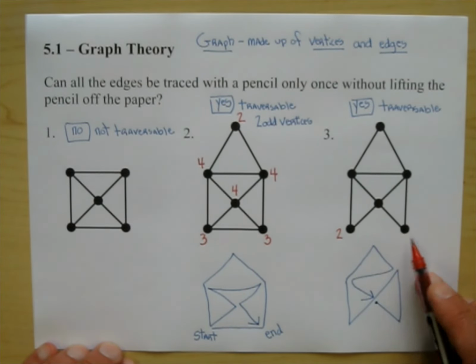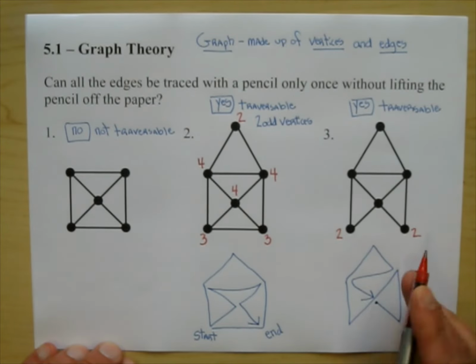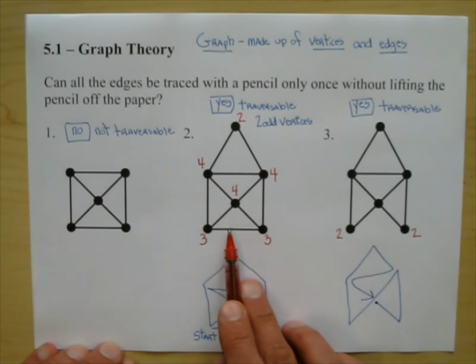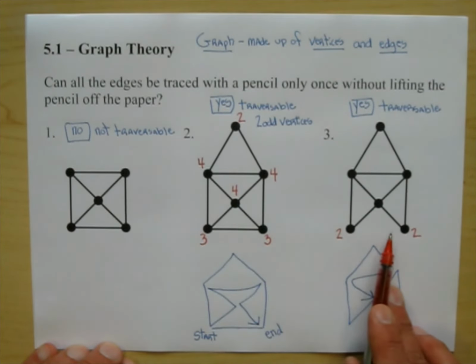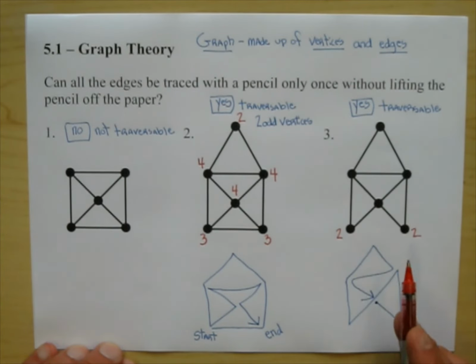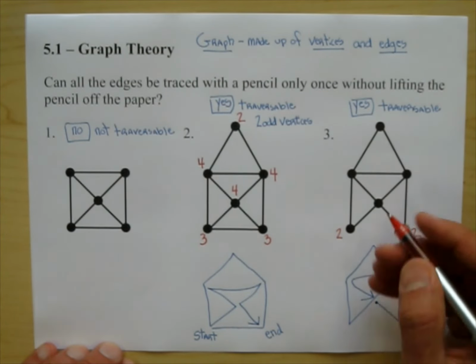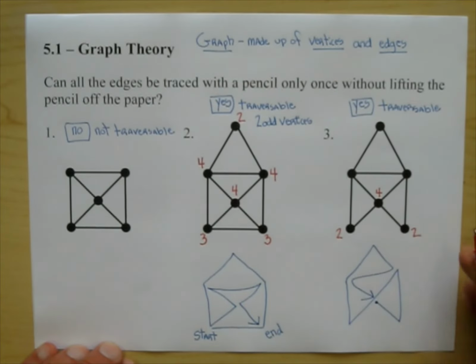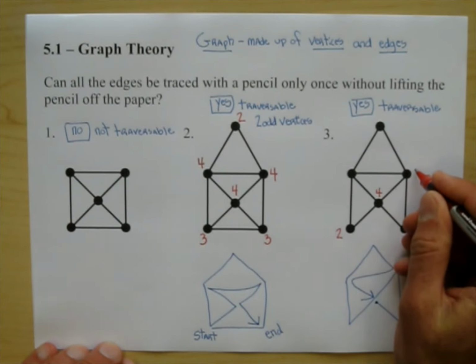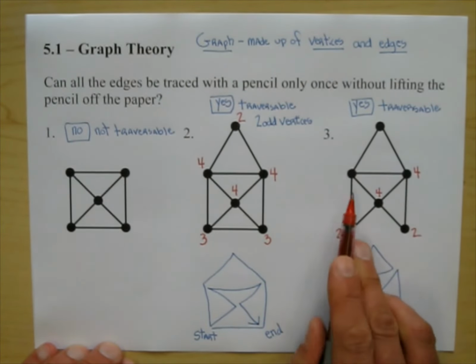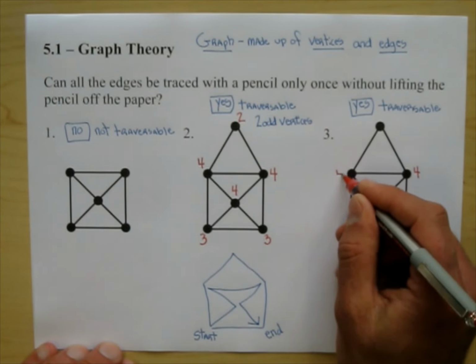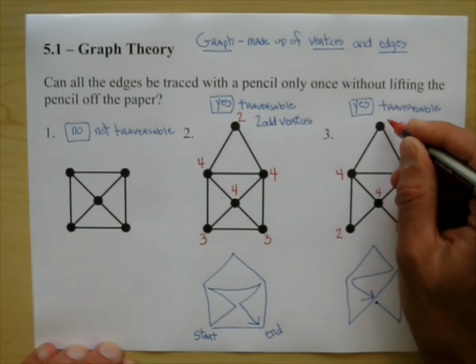This vertex also gets a 2. It's almost as if this diagram is the same as that diagram, except it has an edge missing. So you're going to see some similarities with the other ones. Look, this vertex gets a 4. This vertex gets a 4. The one here gets a 4. And the one up there gets a 2.